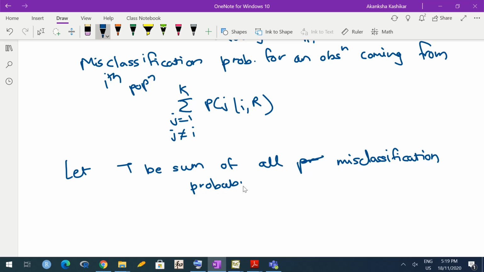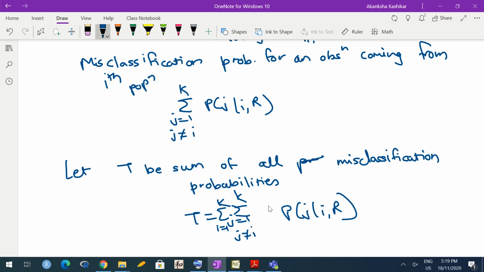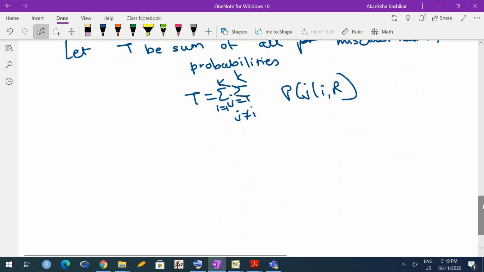Then how would I write T? T would be written as the sum over j going from 1 to k, j not equal to i, and at the same time the sum over i going from 1 to k, of P(j given i, R). So it is the same thing, but now we are taking the sum over observations coming from all the populations, not just the ith population.